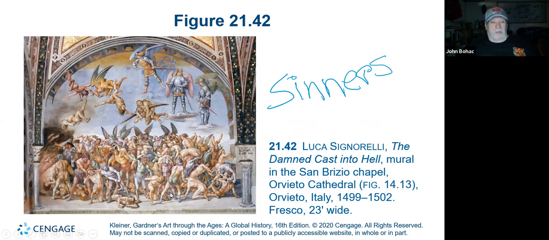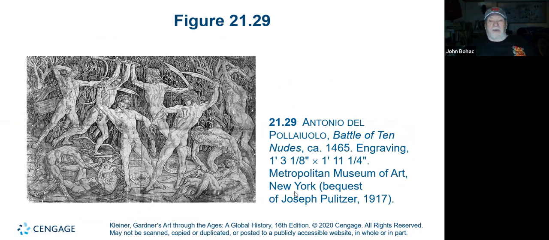And this is a much more ominous painting, and talking about those who do not lead a good Christian life, that they will be thrown into hell. This is important as well because we'll see Michelangelo in the Last Judgment, some 50 years after this, do this in the Sistine Chapel.